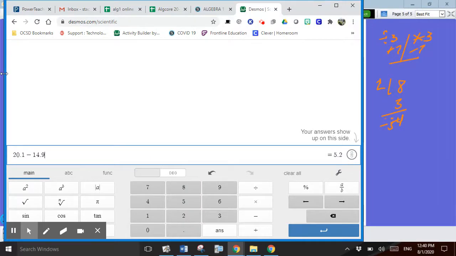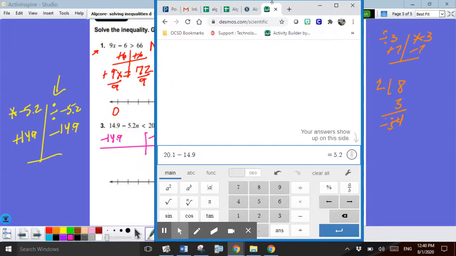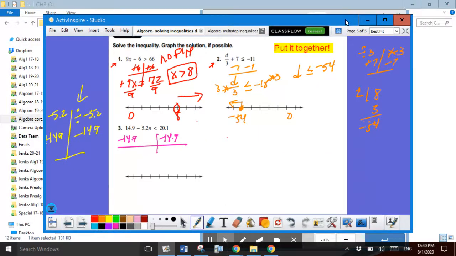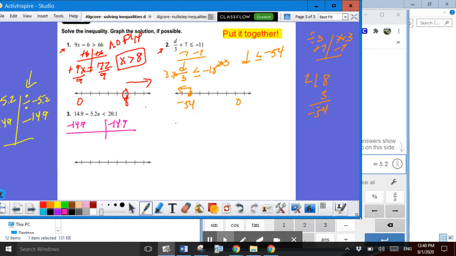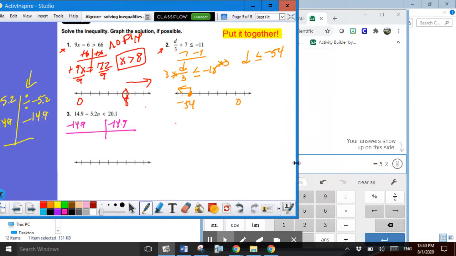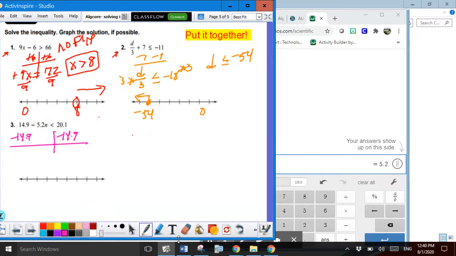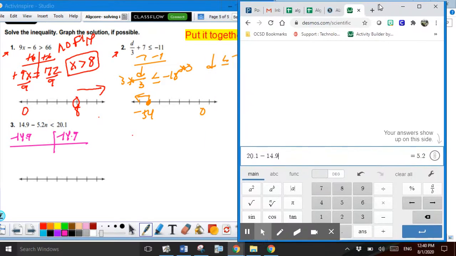Let me make this a split screen so we're not having to run back and forth here, because we will be making use of it on these next couple problems, I'm sure. So if you haven't already put your Desmos calculator on your screen, you might want to do that, or have another calculator handy.